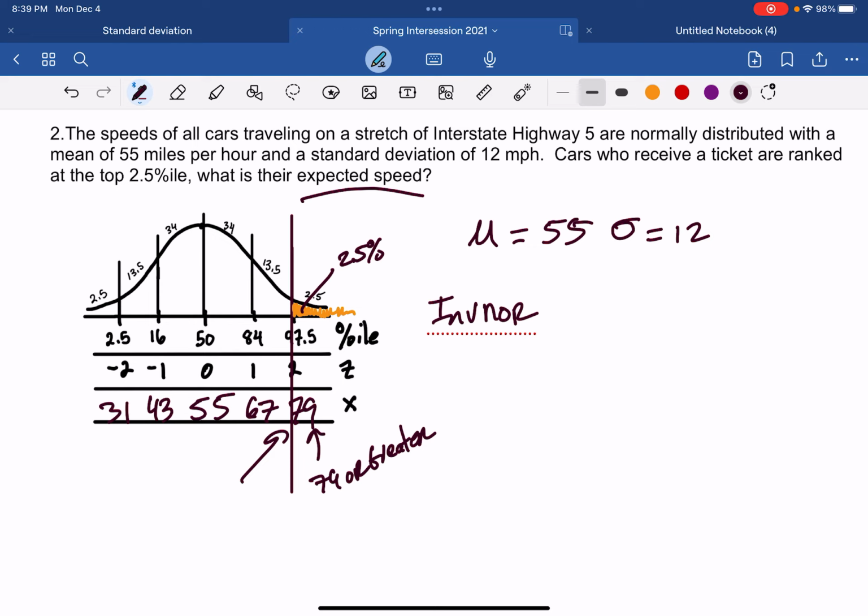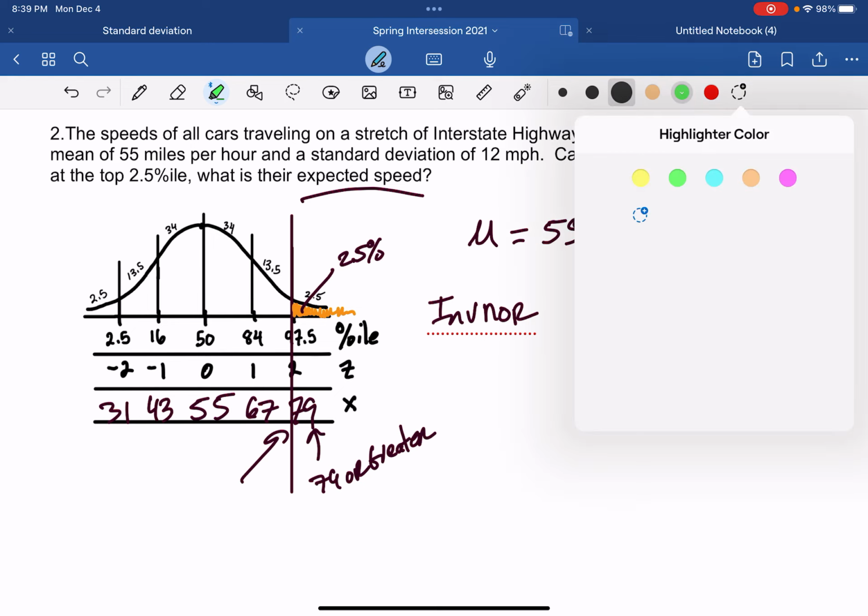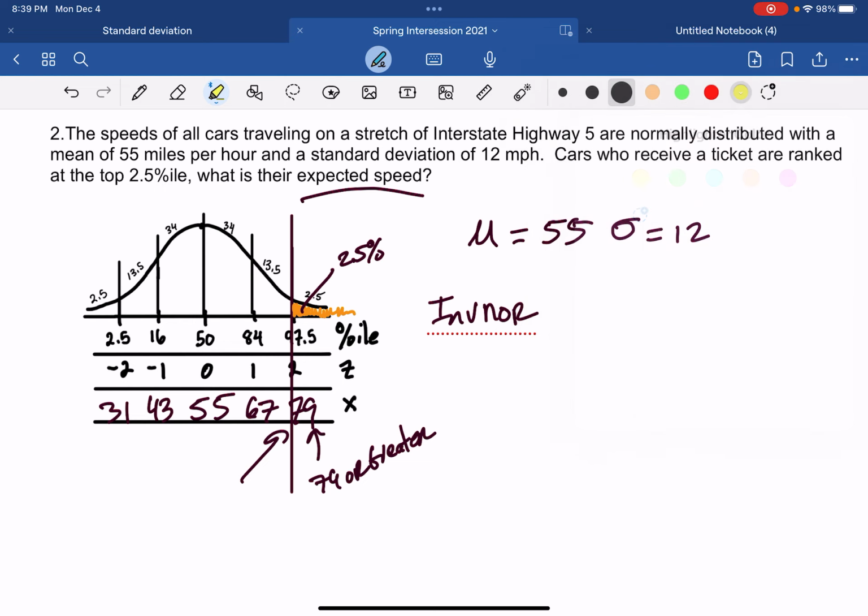The way the TI-83 is managed, the percentile is the area below. So the area below, we're going to use something like yellow.